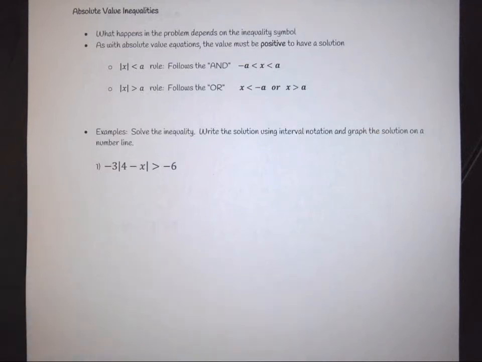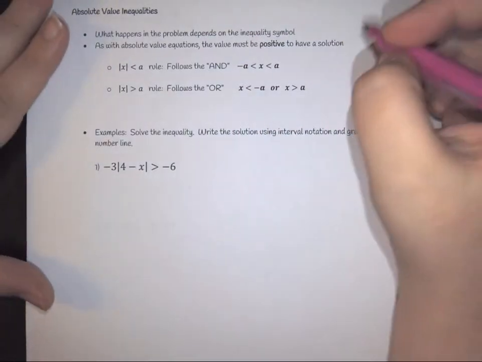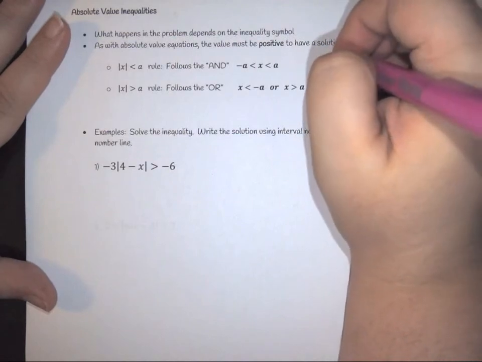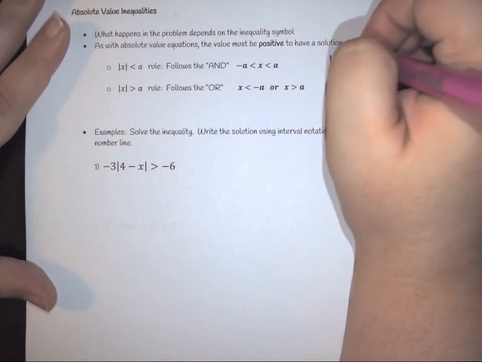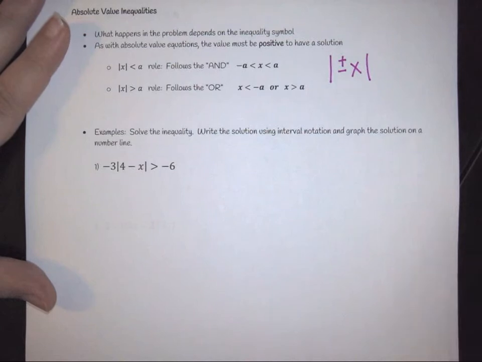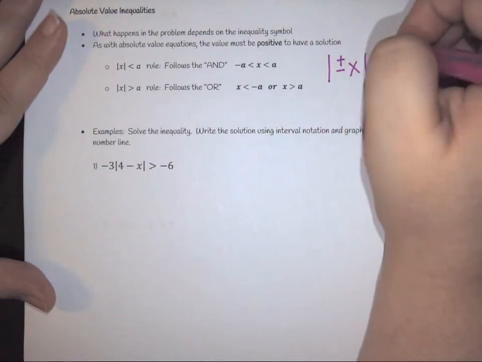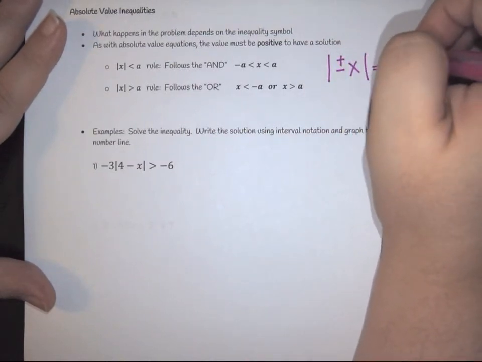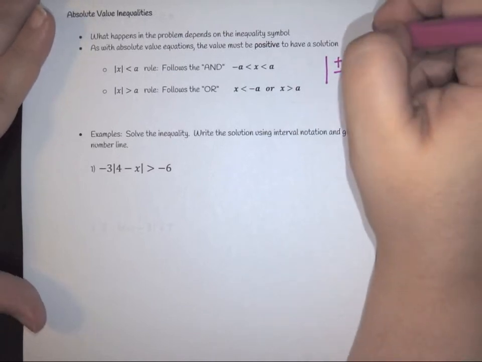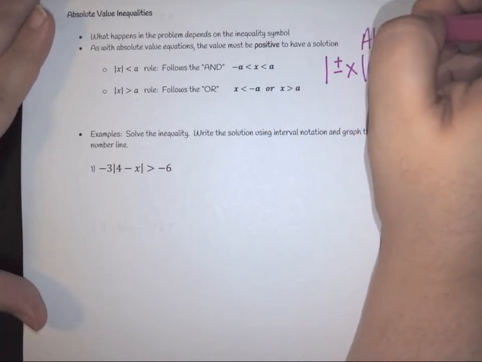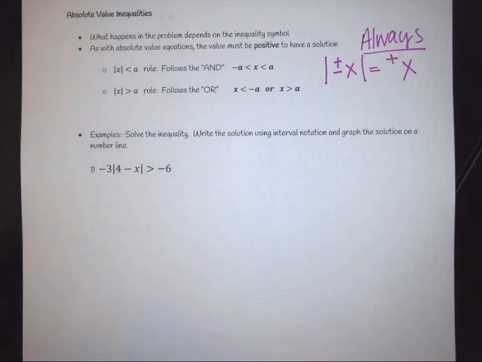But when we're talking about the absolute value having a positive solution, what we mean is that the basic rule of absolute value states that it doesn't matter what the sign inside your absolute value is, when you evaluate, it comes out positive. And this is something that happens always. No ifs, ands, or buts. It's always.